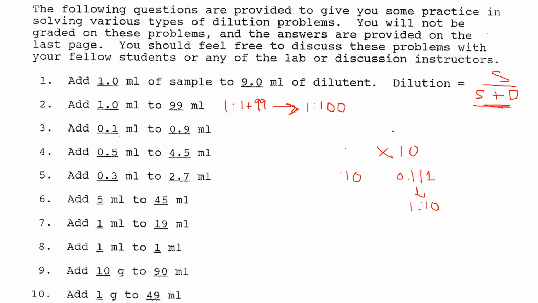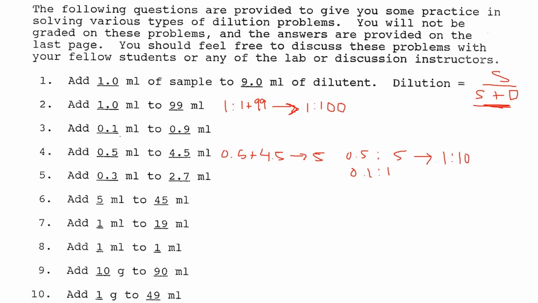Hopefully you know how to do the rest of these. I'm going to go over them very briefly since these are all the same type of problem. Again, 0.5 plus 4.5 is 5, and then 0.5 over 5 is similar to the 0.1 over 1 we saw earlier, so remember that this is a 1 to 10 ratio.